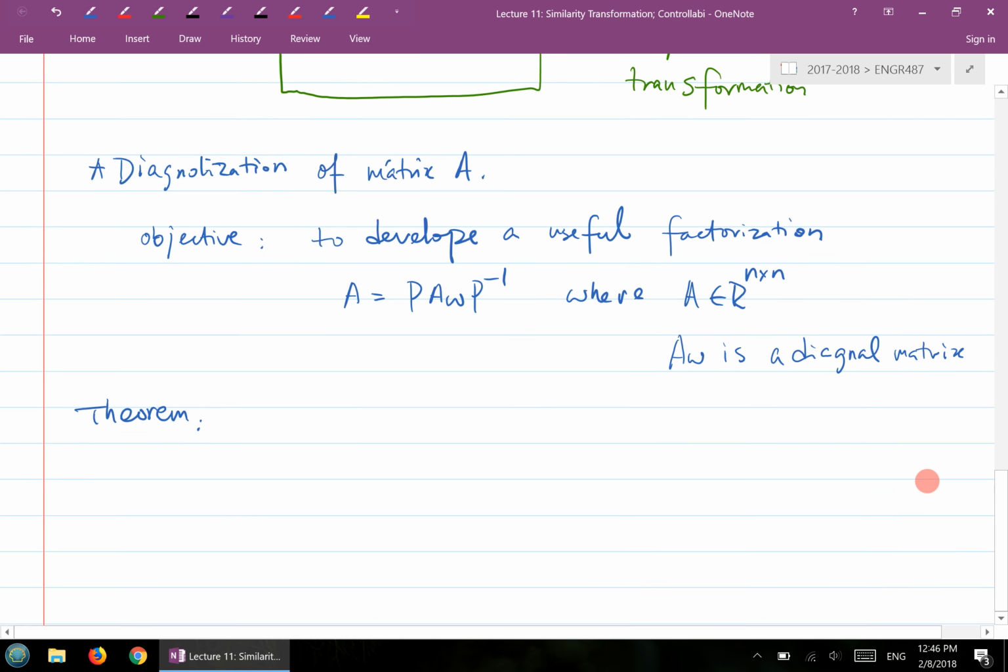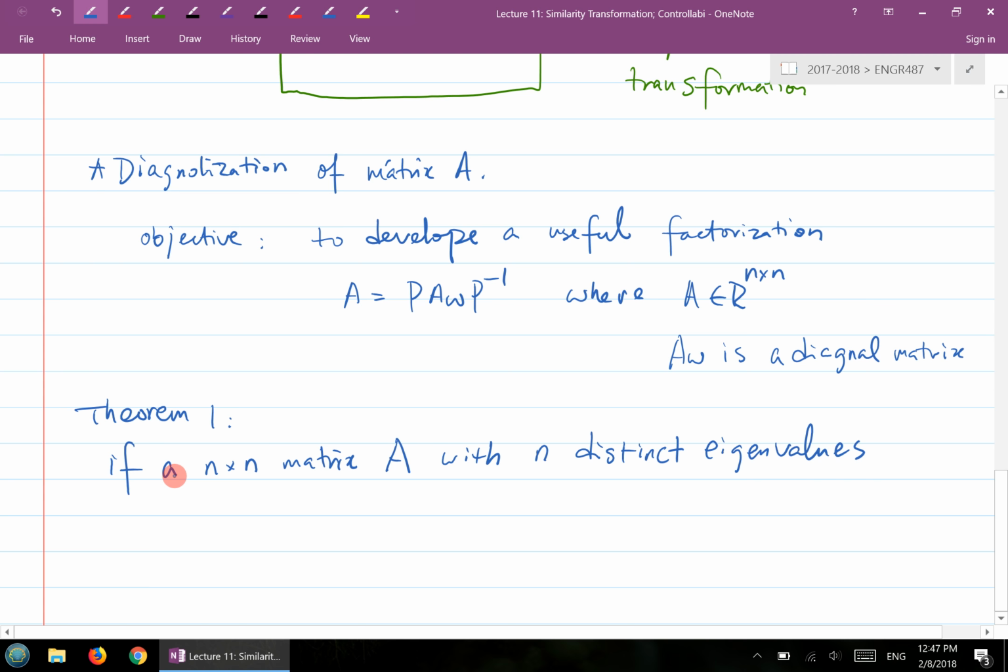The first theorem says: if an n by n matrix A has n distinct eigenvalues, then this matrix A is diagonalizable.